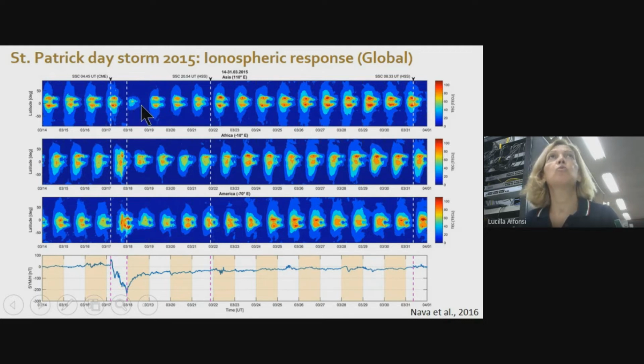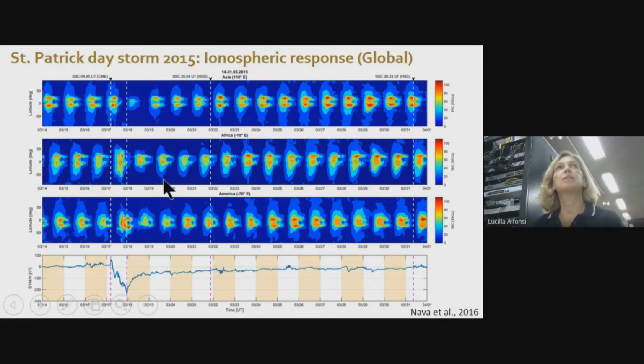I would like to draw your attention in particular to this modification of the storm happening in the Asian sector after the beginning of the geomagnetic storm, in which essentially you don't have any anomaly anymore. You have simply a weak enhancement, just a unique enhancement of the electron density concentration, a little bit higher in the American sector.